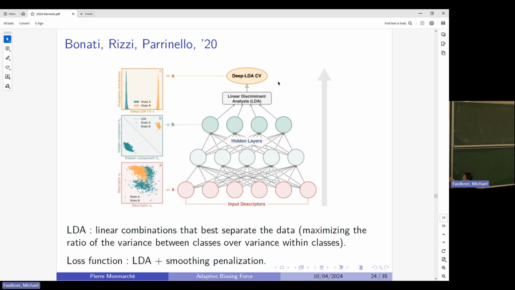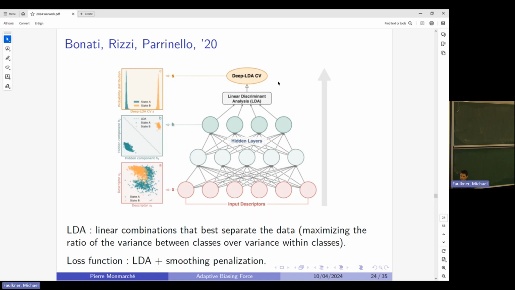And the loss function of this is exactly given by the score of the linear discriminant analysis, which is the principal eigenvalue of your problem, which tells you the ratio between the variance between and the variance inside the groups. So you want these variables to give a problem where the linear discriminant is very good. The separation is very good.